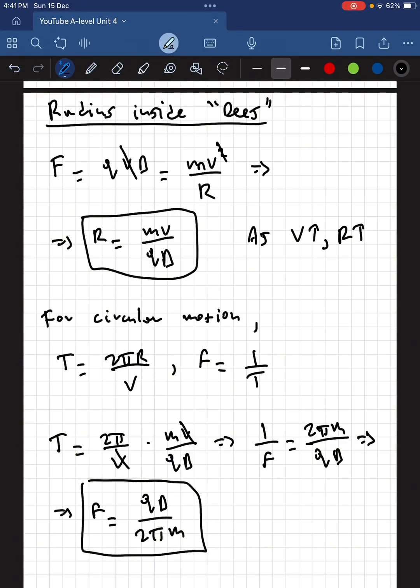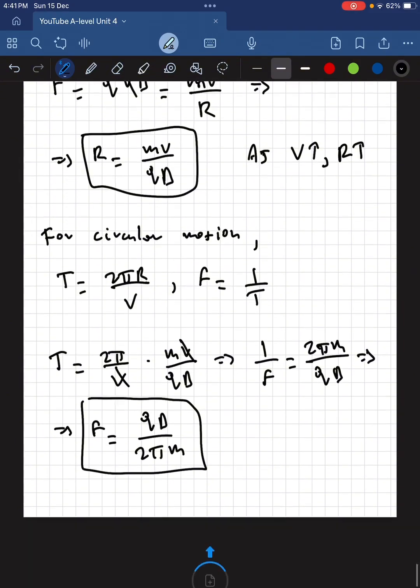What frequency is that? That's the frequency that the AC voltage should have in order for the particle to always experience an accelerating potential in the region between the Ds, okay?